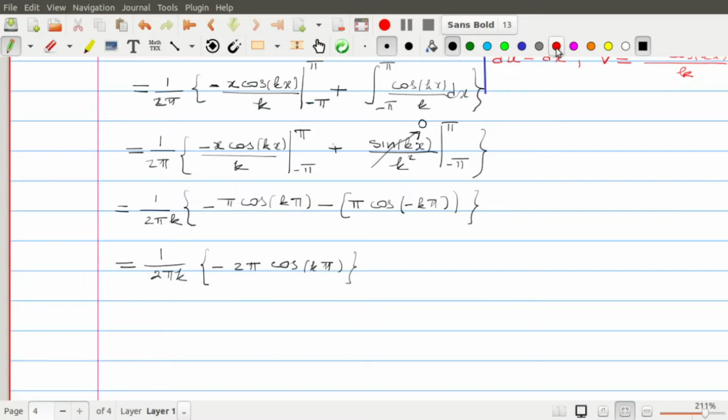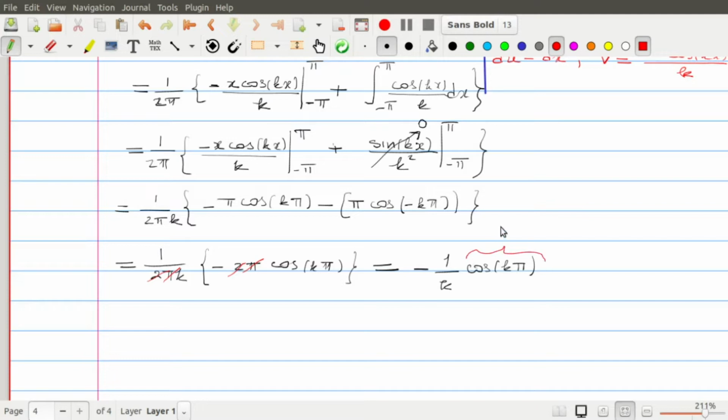So we can also easily see that we have a factor of 2 and pi, a factor of 2 and pi. So finally the result will be one by k. Actually, we have a negative here in front, so it is negative 1 by k cosine k pi. And if you recall what I said in the previous slide, this is negative 1 to the k.